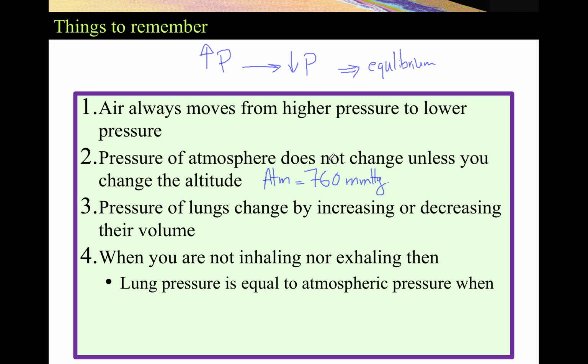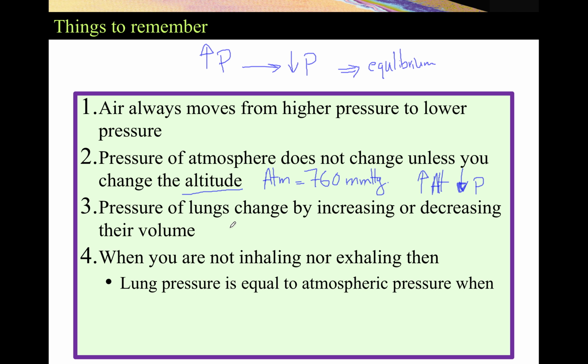What affects the pressure of the environment is altitude. If you gain altitude, the pressure decreases, and vice versa. If you decrease your altitude, the pressure increases. But under normal conditions, we're going to assume that you're at sea level and that pressure is 760 millimeters of mercury.